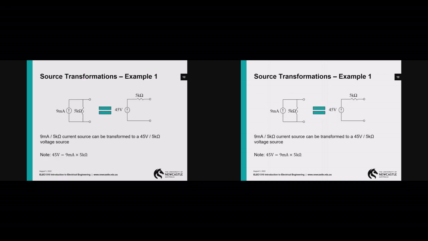How do you go from a parallel to a series? So that's the whole thing of source transformations. From the terminal perspective, what we're arguing is that both of those circuits behave exactly the same.